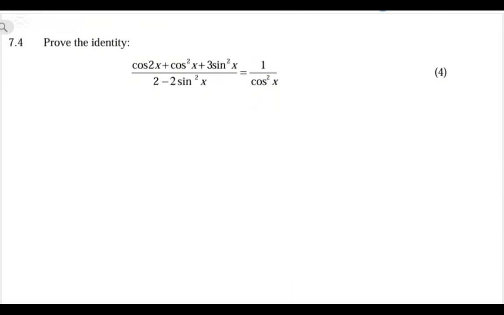If you pay attention to these two sides, this is the left hand side, and this is the right hand side. If you pick the right hand side, you can only change this one, and nothing that you can do after changing that.